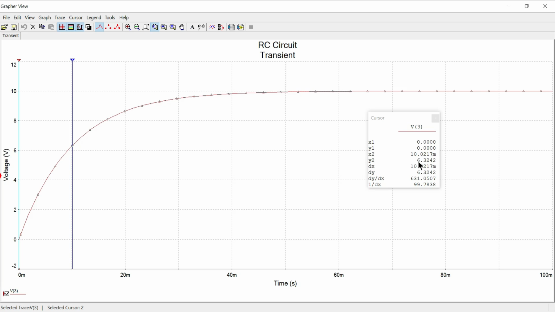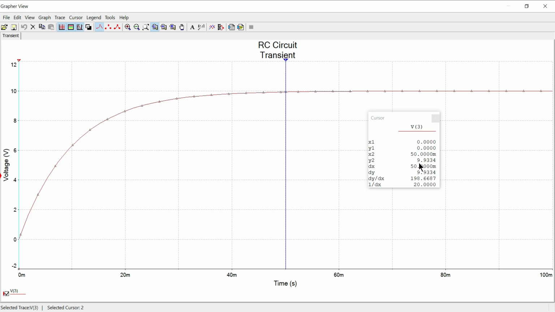Also, the settling time, which is equal to 5 times the time constant, is equal to 50 milliseconds. So its corresponding value should be more than 98% of the final value, that is more than 9.8. So let us verify the settling time from this graph by setting this cursor to a time equal to 50 milliseconds, that is your settling time.